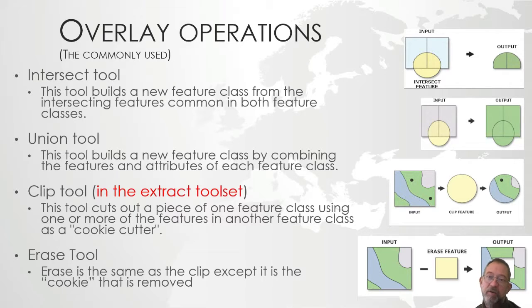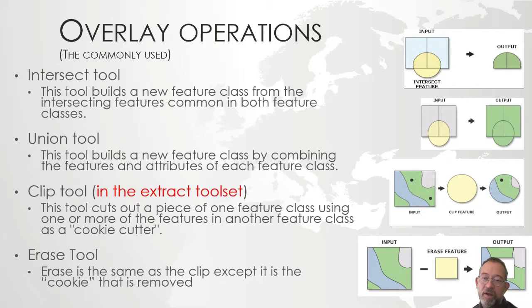When we start talking about overlay operations, remember that they are very much like AND and OR in SQL. So you can use the concept of set theory again, but instead of having sets of attributes, we have sets of locations, individual coordinate points.